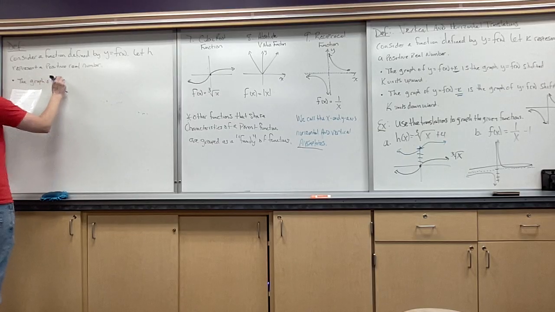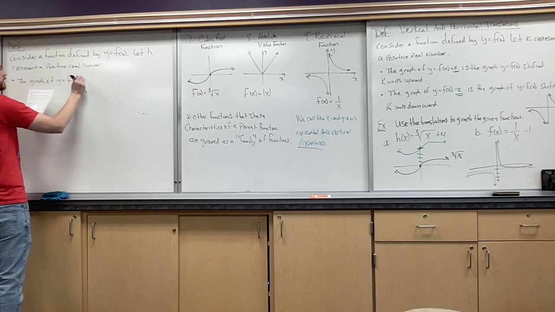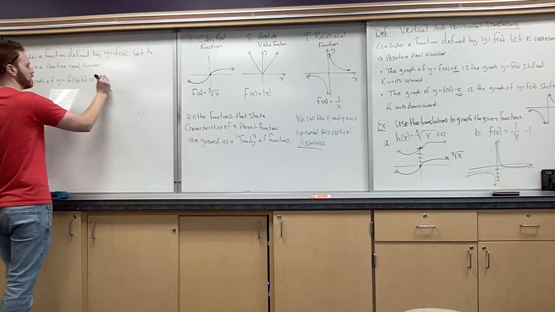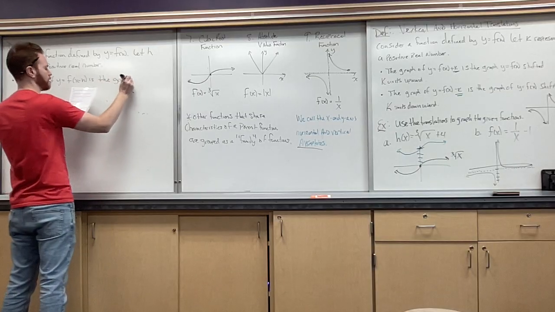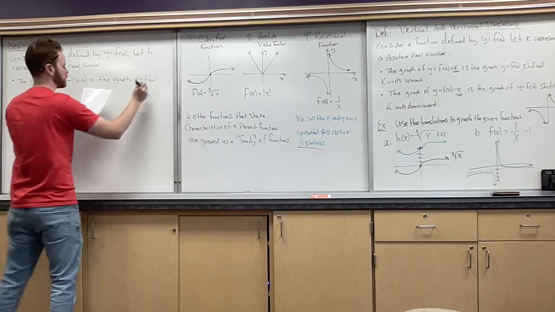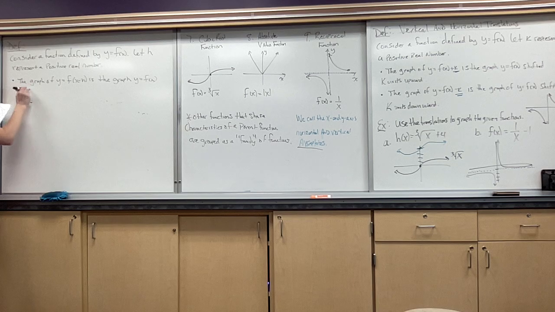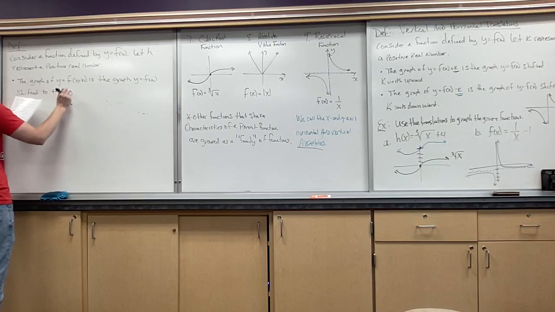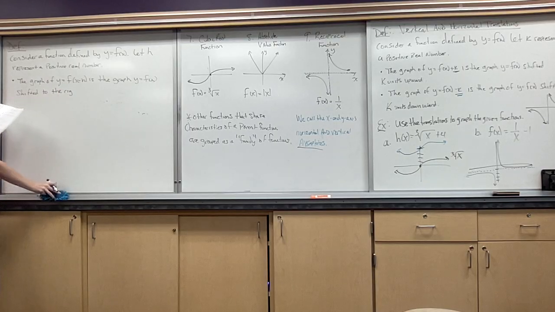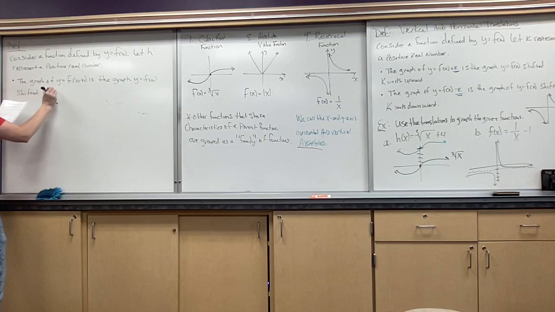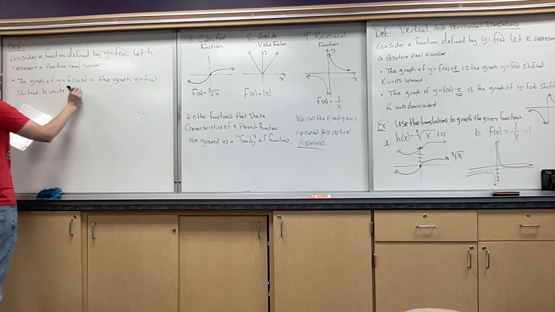The graph of y equals f of x minus h is the graph y equals f of x shifted, I'm going to use the variable here, shifted h units to the right.